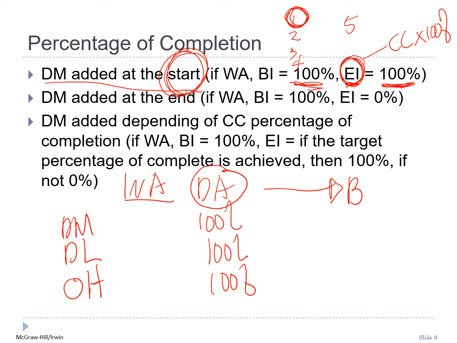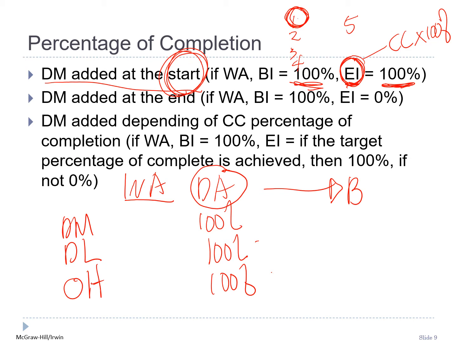Kasi, at the start pa lang, ina-add mo na yung direct materials. Yun nga lang, nasa ending inventory siya kasi in terms of conversion cost, meaning direct labor and overhead, hindi pa siya 100% complete. Kasi kung 100% complete na yan, wala na dapat yan sa ending inventory. Nandun na dapat yan sa transferred out.